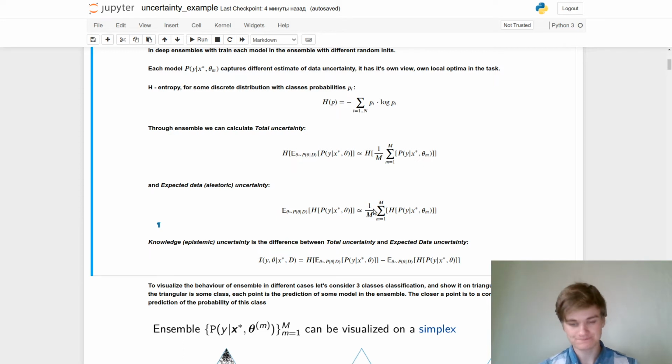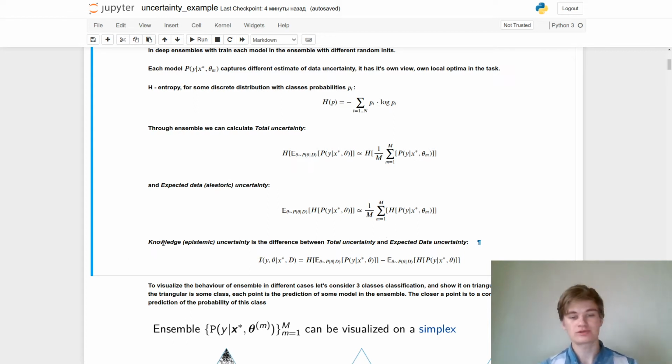We calculate the average entropy over our ensemble. Each model gives us some probability distribution over output classes. We calculate the entropy of this distribution, and then we average this entropy over all models in our ensemble.